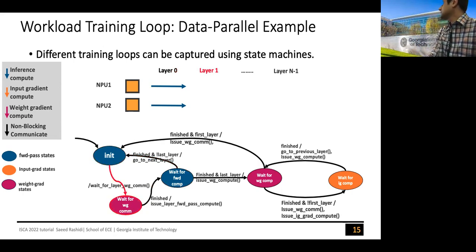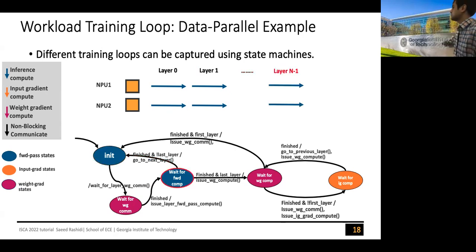And after that, you go to the next layer. In the next layer, you again check that there is no pending communication for that layer from the previous iteration. Once you confirm that, you wait for a certain amount of time and then go to the next state. You loop through these states until you reach the last layer.